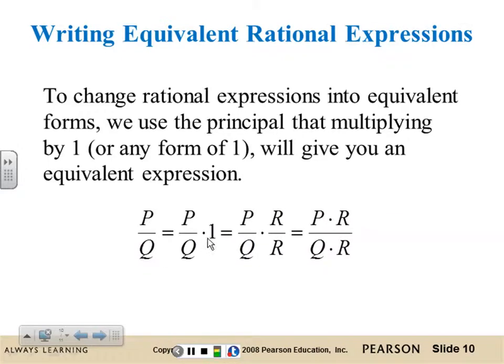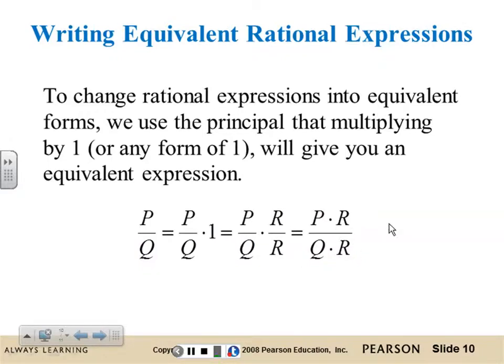And to do that, I have to multiply by 1. So remember, when you multiply, you can multiply anything you want to together, but to get 1, you have to have something over itself. So we're going to turn this 1 into r over r, because you know r divided by r is going to give you back to 1. And then we're going to multiply these. So p times r is pr, and then q times r is qr.